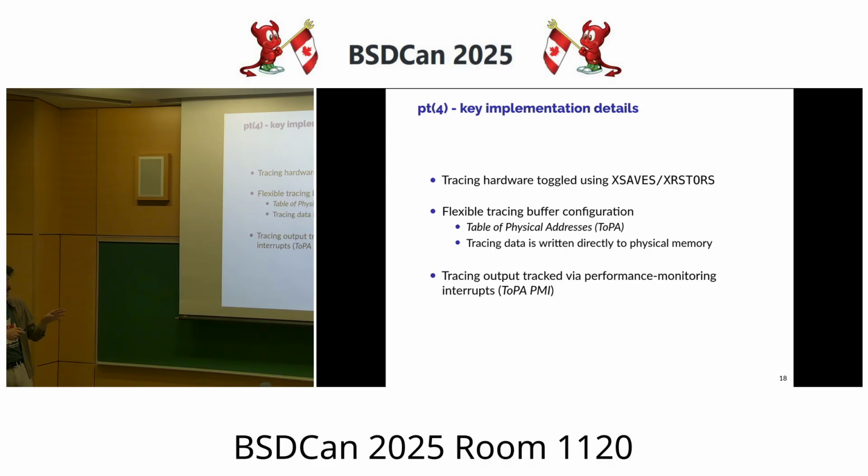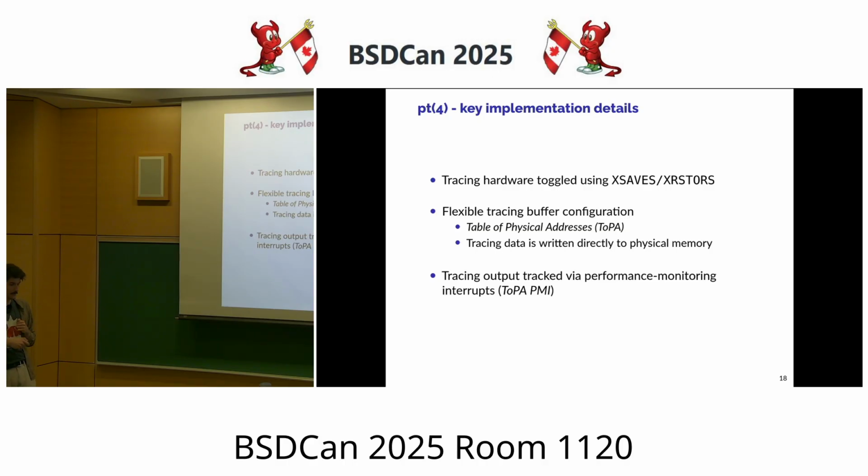Part of what makes this technology so fast is the fact that tracing data gets written out directly to physical memory. So it bypasses the virtual memory subsystem, no caching, just asynchronously writes into physical memory and lets user space cope with the fact that it's just doing its thing here.